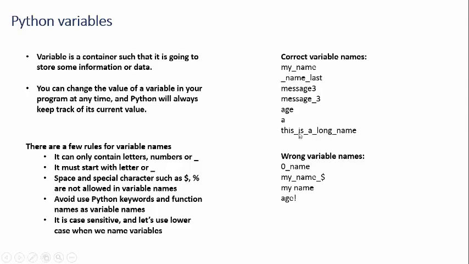For the correct variable names, we see that it can start with a letter, it can start with an underscore, but it cannot start with a number. So these are some examples of wrong variables. For example, the first one starts with a number. The second one has a special character, the third one has a space, and the fourth one has a special character. Those each violate at least one of the rules that we defined on the left.